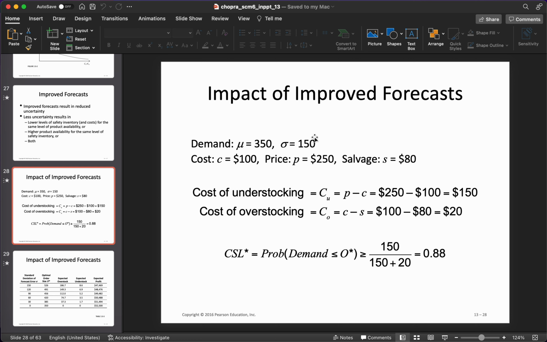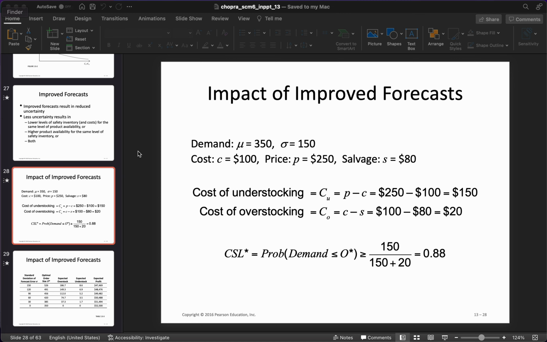Now, in this case, we will assume that the average demand stays the same, but it's the standard deviation that reduces. But sometimes improving forecast could also mean that you're changing the mean of the demand also. But in this case, all we're doing is just looking at changing standard deviations, right? And we are basing everything off of that.